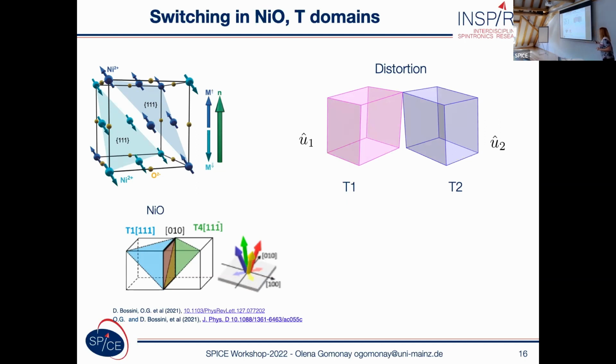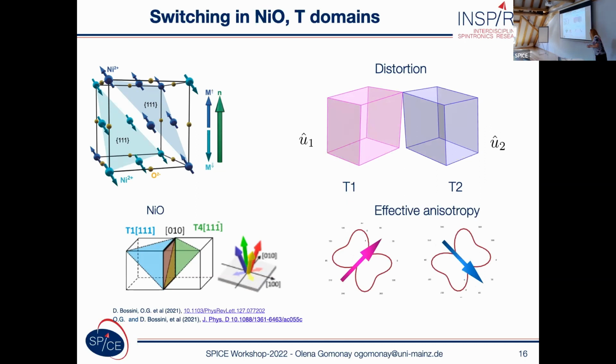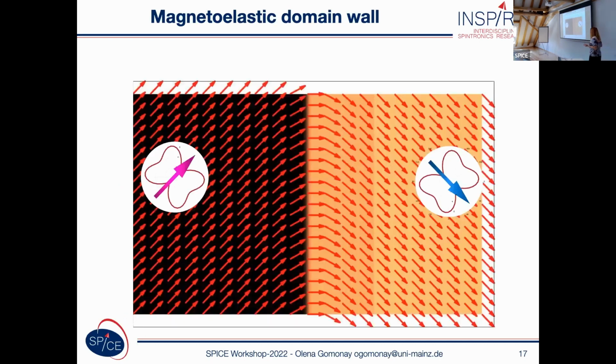And this distortion distorts the profile of the magnetic anisotropy. So in a multi-domain sample, we have regions with a different profile of the effective anisotropy. What would be the result of such modification?